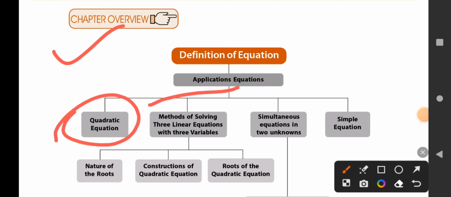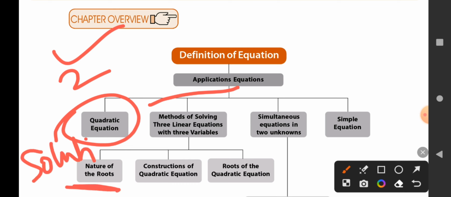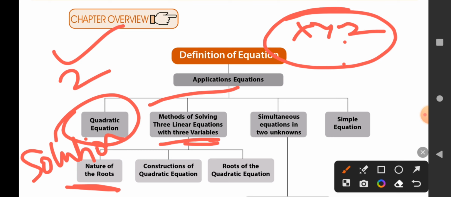Definitions: we know quadratic equation, degree 2, nature of roots means solution. What is the solution of this? Methods of solving three linear equations with three variables. Okay, there will be three equations with three variables. For three variables, you need at least three equations to solve this.